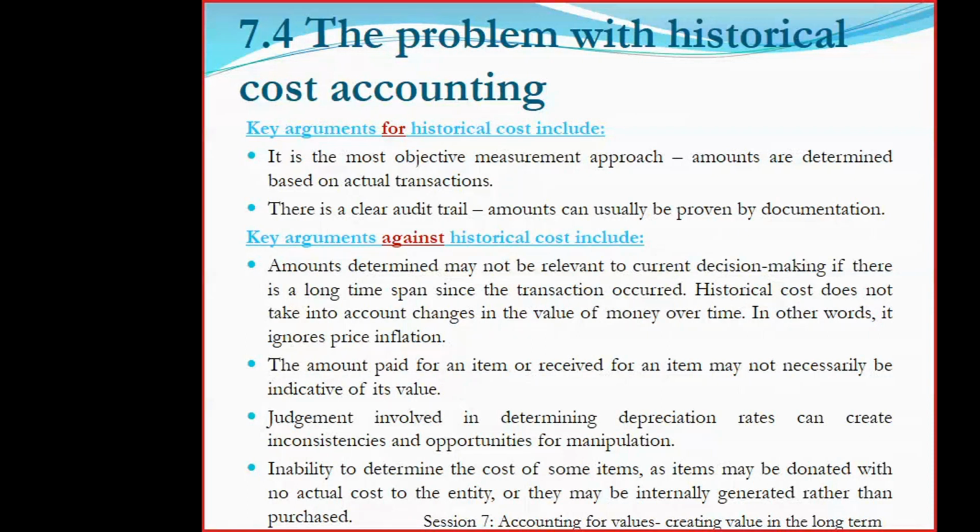So for historical cost accounting, HCA, we have arguments for and arguments against. Pros and cons, exactly. Okay, so what are the pros for historical cost accounting? It's very objective. What does objective mean?